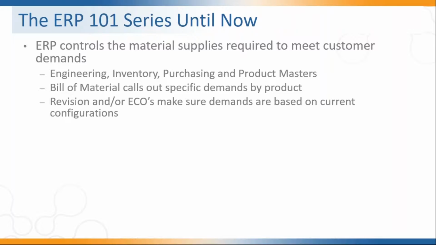Well, routings do something very similar. They provide the ERP system not with parts, but with the time that's required to build the product at each step in the manufacturing process. But then how does a planner or someone who's scheduling the shop use that information once it's in the ERP system?